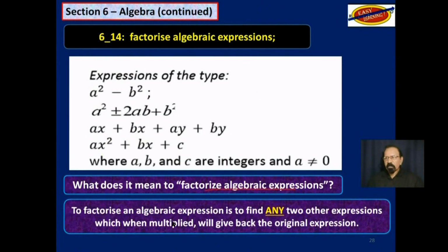To factorize an algebraic expression is to find any, generally 2, other expressions which when multiplied will give back the original expression. So if you are going to factorize a squared minus b squared, we want to find 2 factors which when multiplied would give you that. And that applies to all 3 of them.